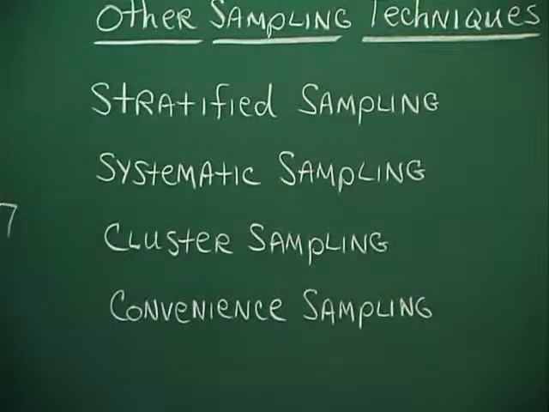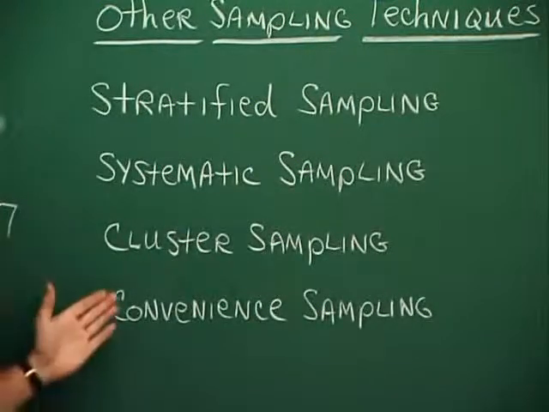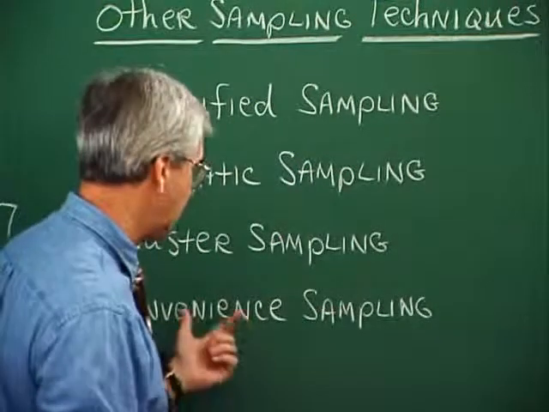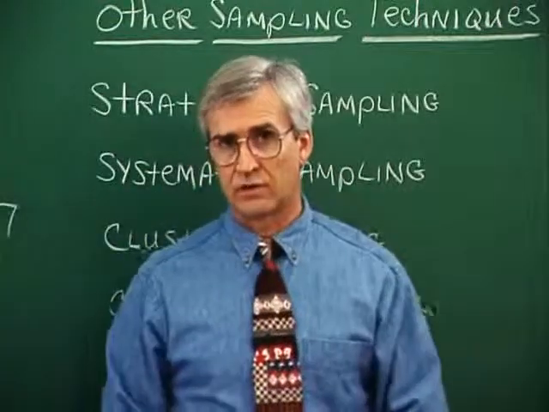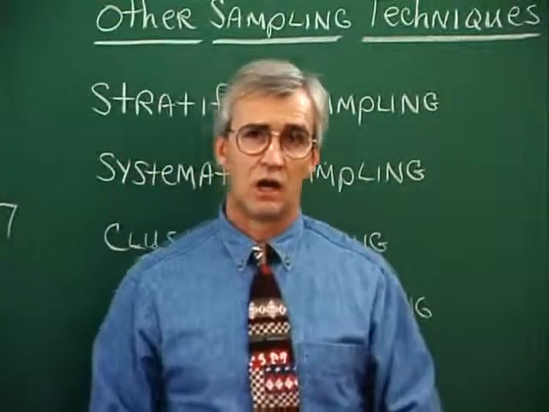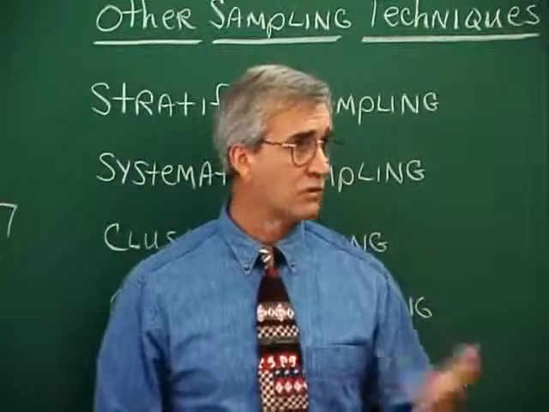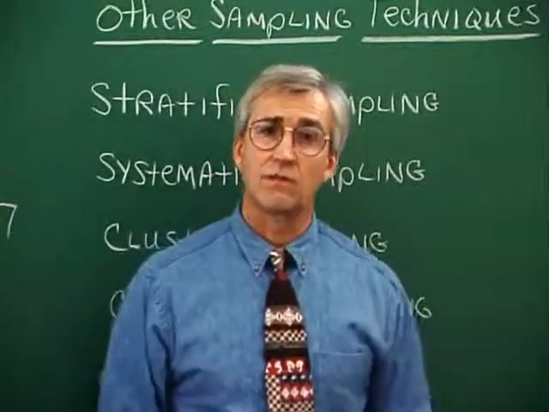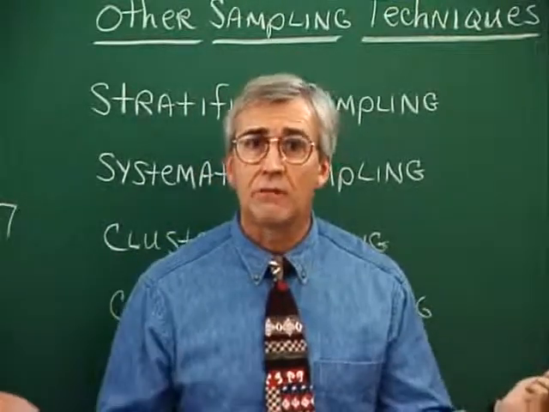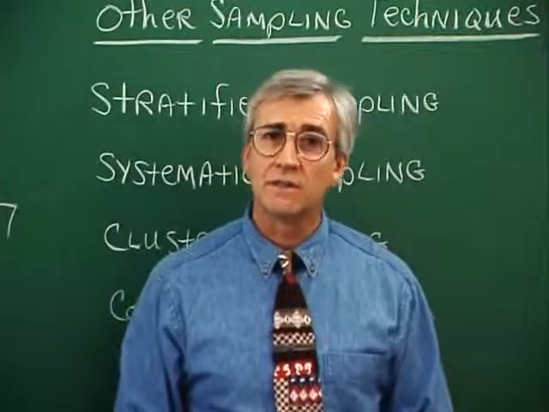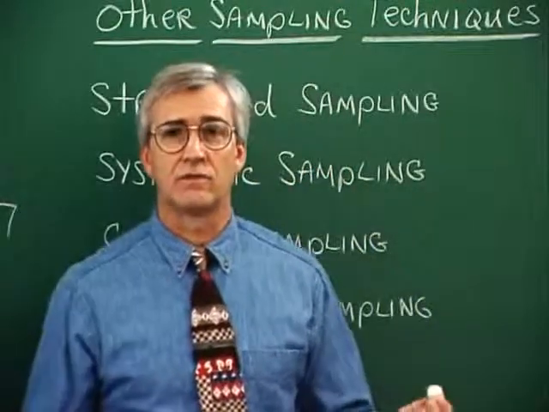Convenience sampling probably contains the most bias of all of these and all of the examples that we've had before. Convenience sampling is, as the name implies, a survey according to convenience. What's easy? Well, what's easy is go outside the door and pick the first couple of people you see and survey them for whatever purpose. This is often done with the newscasters.